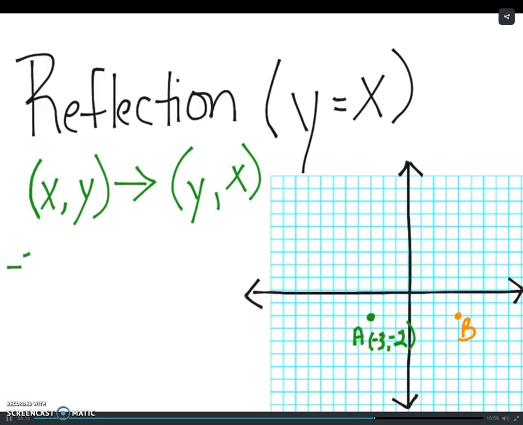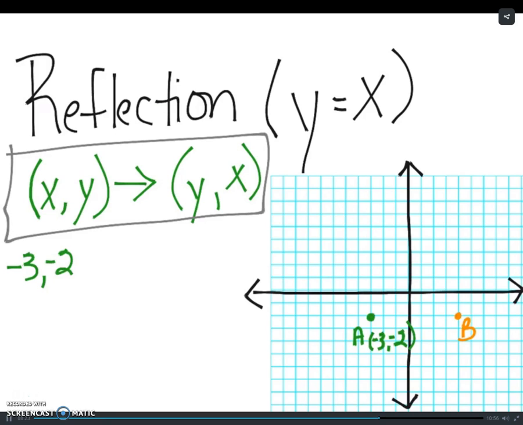Again, we're going to start off with our original coordinates, and this is our formula. This time you're going to notice that our formula says we're going from (x, y) to (y, x). So all we did was take these two numbers and switch their locations. We started off with (-3, -2), and we just switched their positions. So this one will be (-2, -3). All we did was take these two numbers and switch them around.